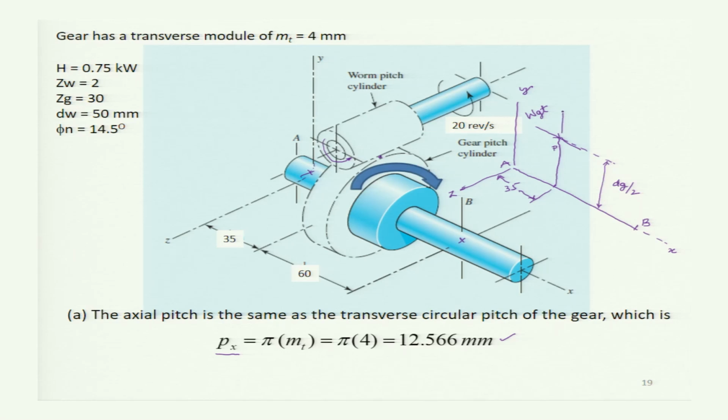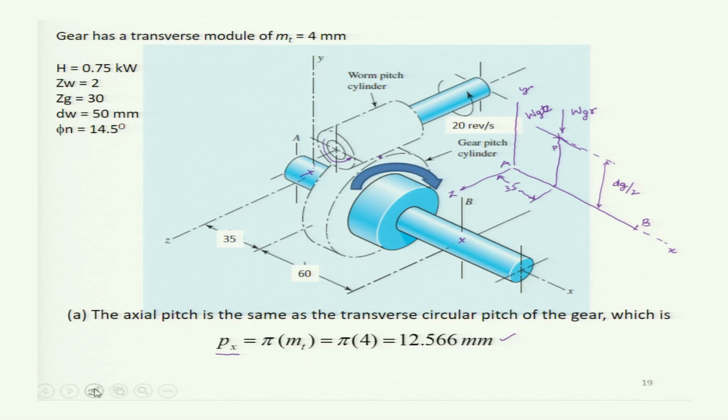So your W_G radial will be in this way. Okay. Now the one thing I have written wrong here, this is the axial force. Axial we have found, because on the gear it will be the axial force, and the axial force will be the transmitted force for the worm.